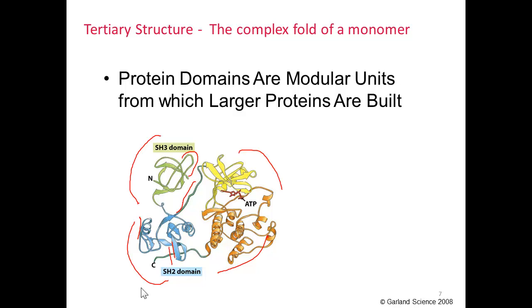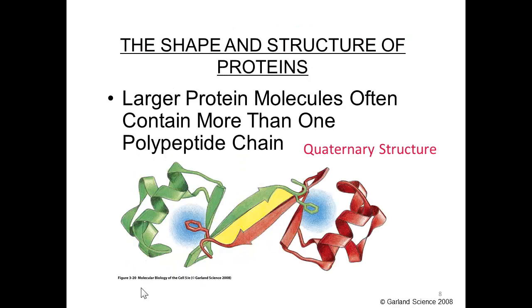So the tertiary structure is the final folded structure of a monomer, and the last level of protein structure is the quaternary structure, and this is the interaction of different subunits.